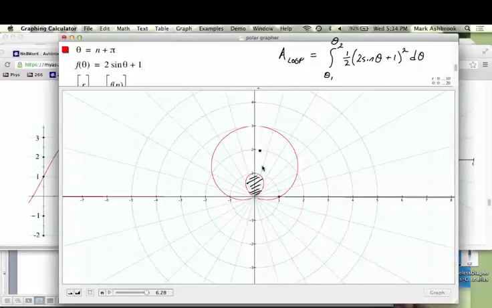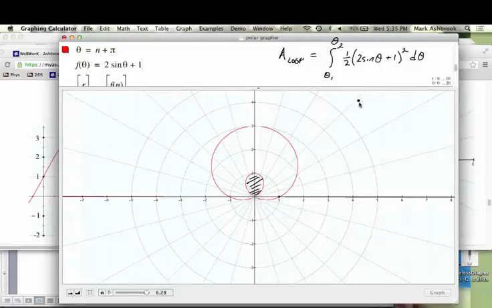It would be the angle measure when it crosses the pole. Yeah, so we want to start when we cross the pole, and we want to end when we cross the pole again.